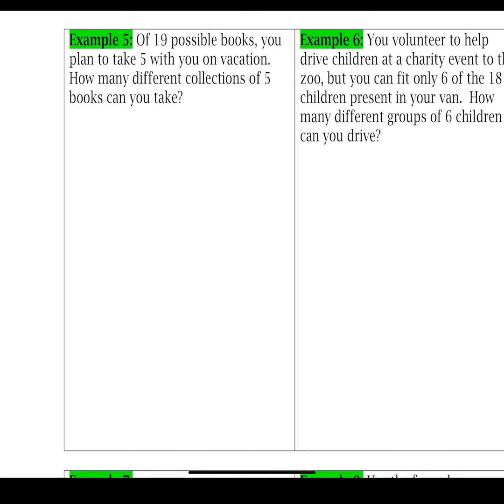Of 19 possible books, you plan to take 5 on your vacation. How many different collections of 5 books can you take? So does the order matter, like I take this book first? Let me simply draw something. You have all these books here, and you plan to take 5 books.